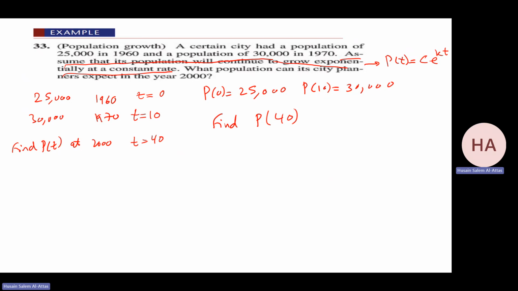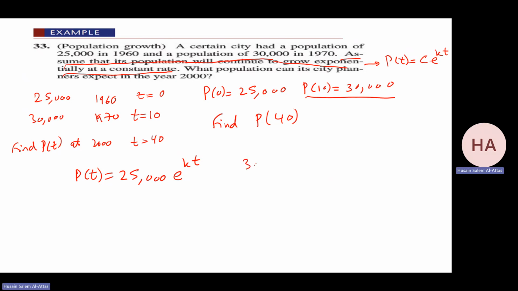So I have C will be P0. So I have P of t is 25,000 e^(kt). And I will use this.